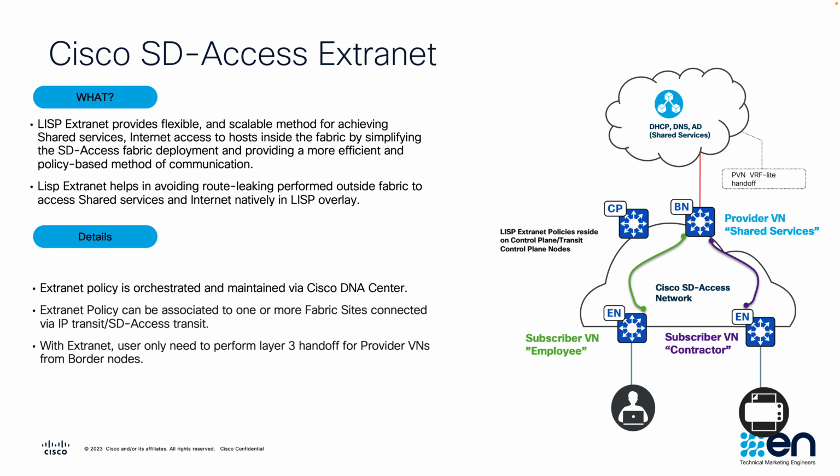So a virtual network or an extranet policy defines the relationship between a provider virtual network and one or more subscriber virtual networks, as we discussed. And the provider virtual network contains the details of those critical services.